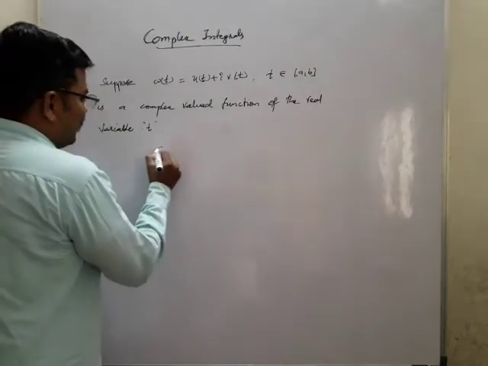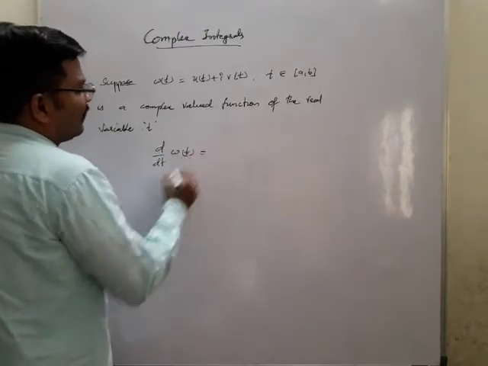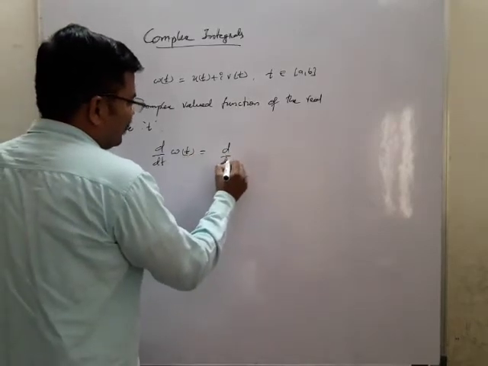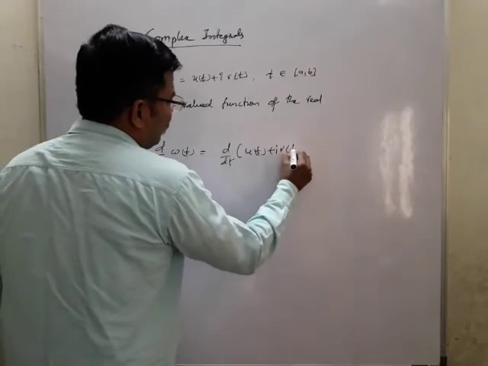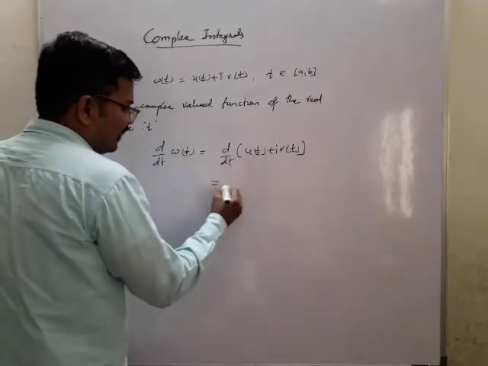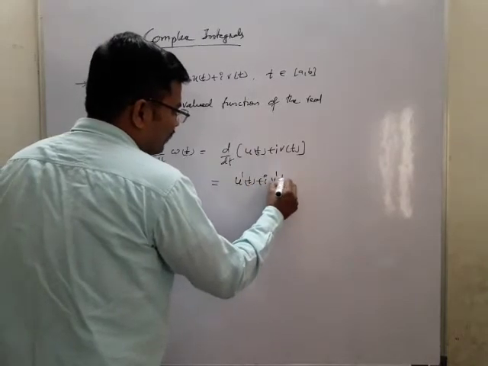Then d by dt of W of t can be taken as d by dt of u of t plus i v of t, and this can also be written as u dash of t plus i v dash of t.